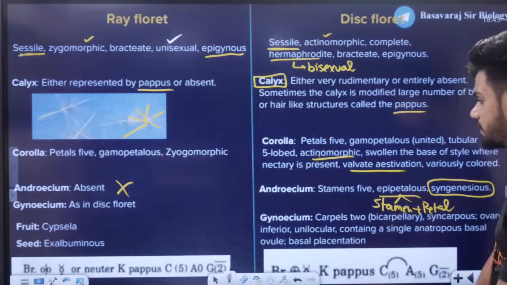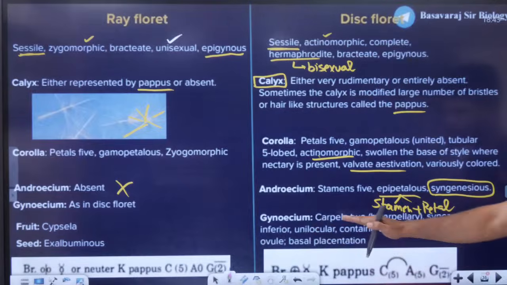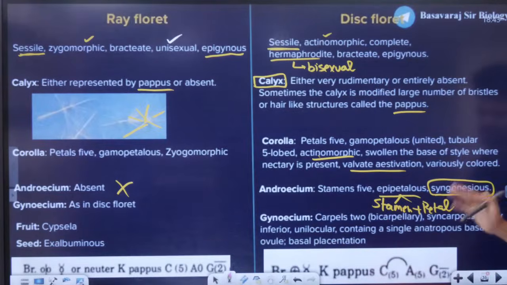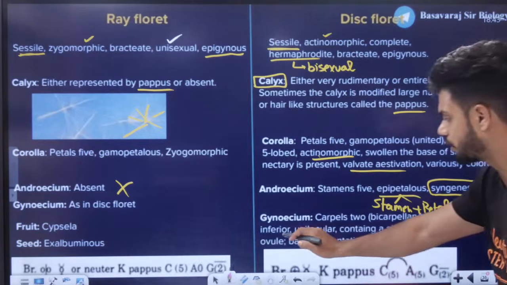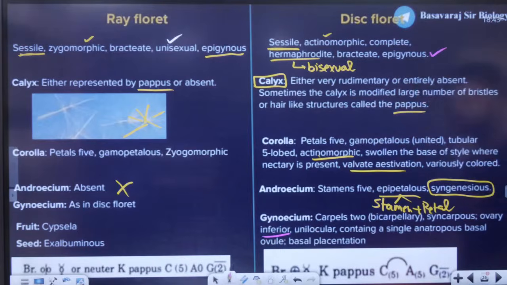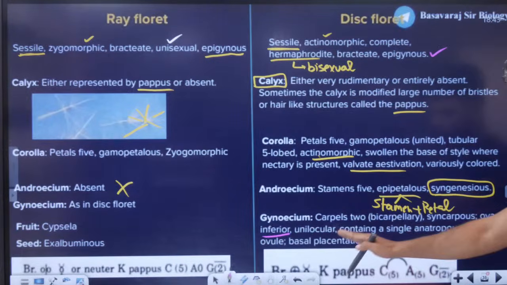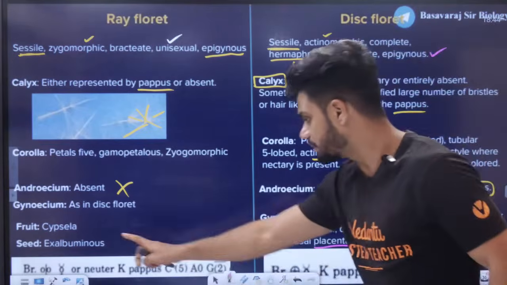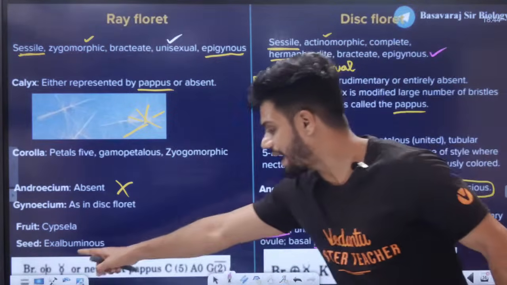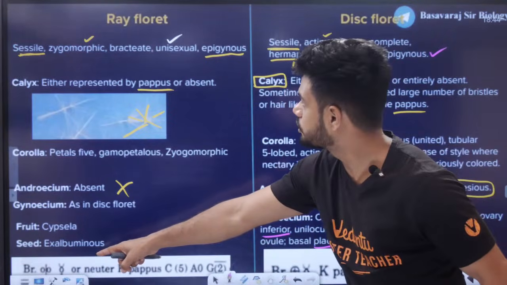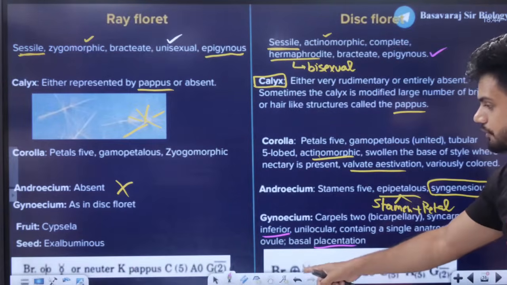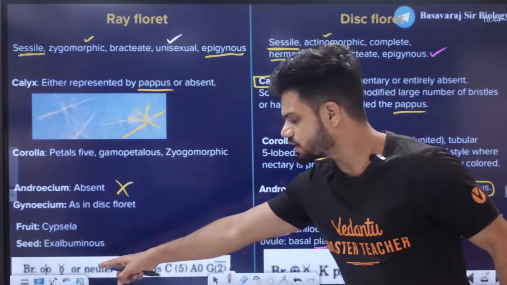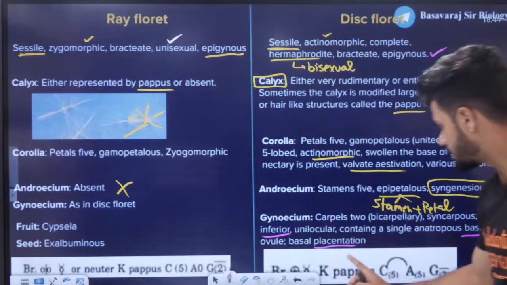Clear, all of you? Gynoecium: carpels 2, bicarpellary, syncarpous, ovary inferior, epigynous condition. Unilocular, containing a single anatropous ovule, with basal placentation. That is also very important. If you see the difference here, bracteate, actinomorphic or zygomorphic, bisexual or unisexual in most cases, pappus.